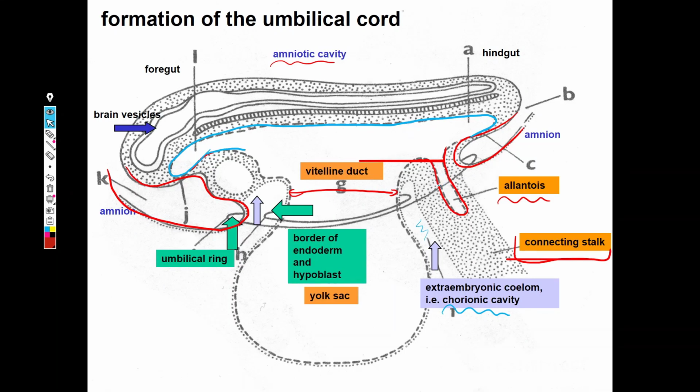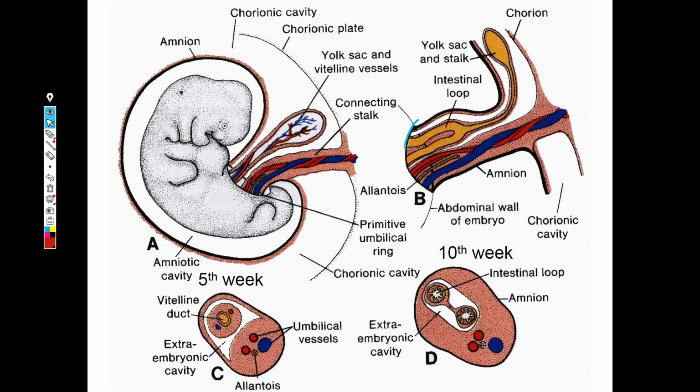Maybe I'm going back, because these structures together, the omphaloenteric duct and the connecting stalk, are together creating the umbilical ring. Yeah, an umbilical ring right here. And we can see it also like this right here, the umbilical ring around these two structures.